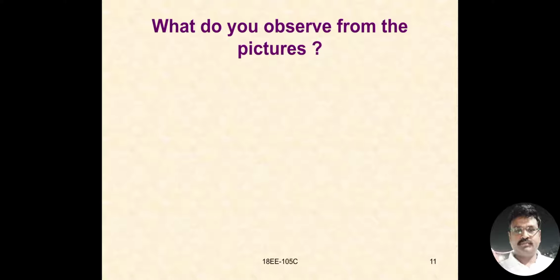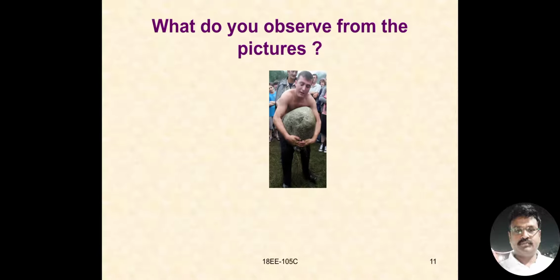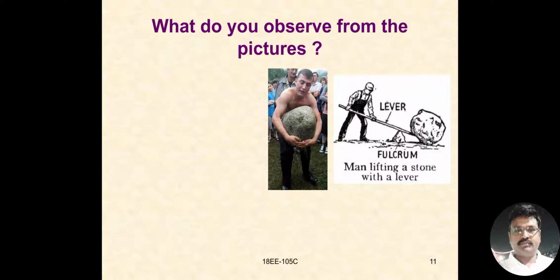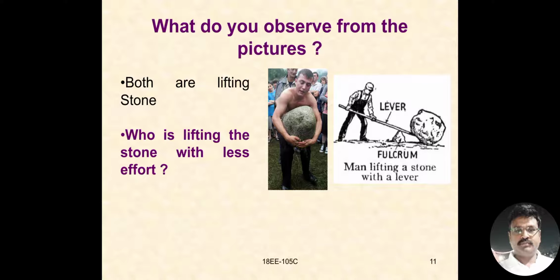This picture, what do you observe from the pictures? A man is lifting the stone. These are the two pictures, both are lifting stones. Who is lifting the stone with more comfort and less effort?